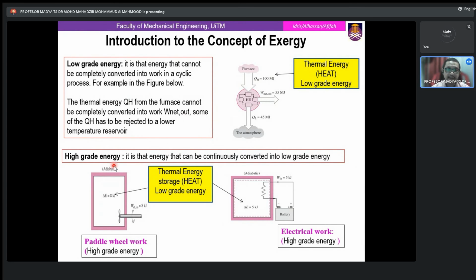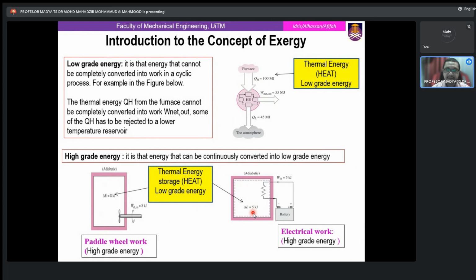For the high grade energy, this is the energy that can be continuously converted into low grade energy. So, as you see here, the paddle wheel work is high grade energy, and electrical work is also high grade energy.